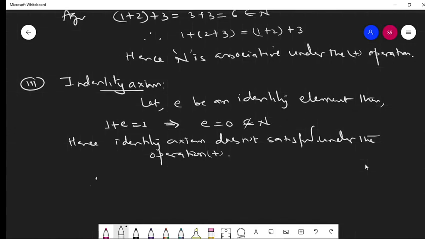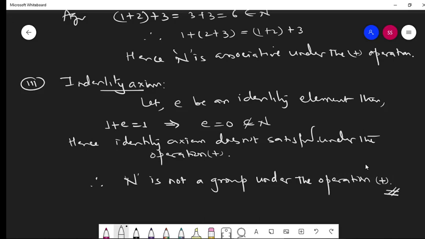Therefore, what we can conclude is N is not a group under the operation plus. So in this way we can prove the second question.